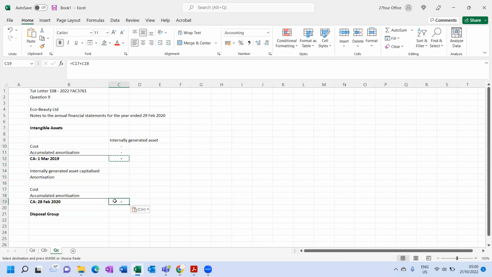Okay, so now we need to work out what is the cost and what is amortization. Remember, we most likely won't call it amortization because it's not going through the income statement. What's important to take note of is that this asset is used in the production of inventory.